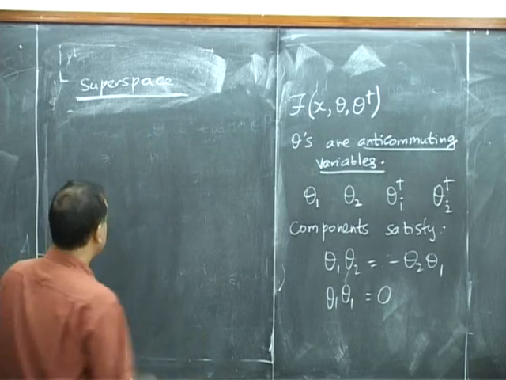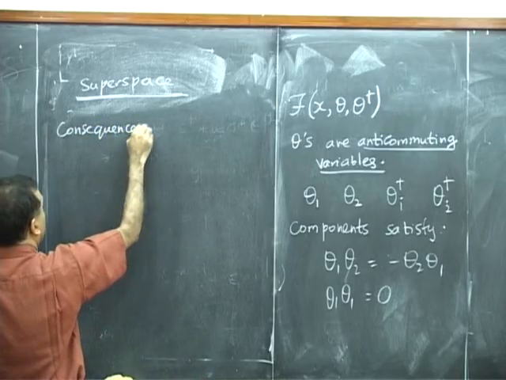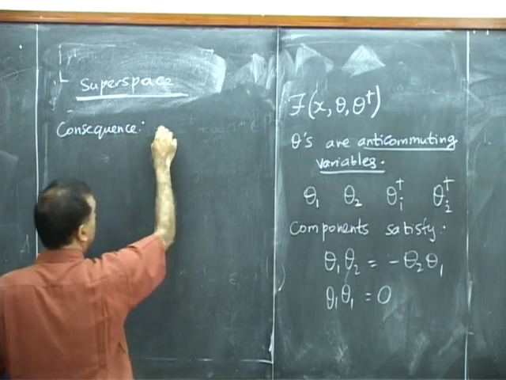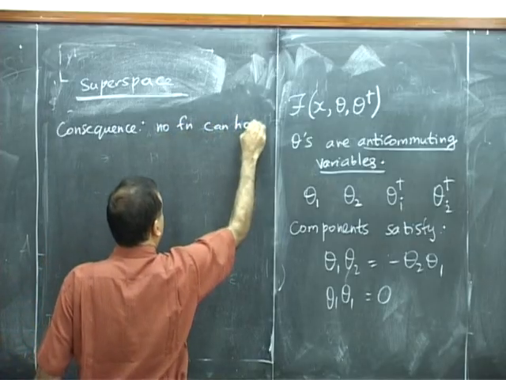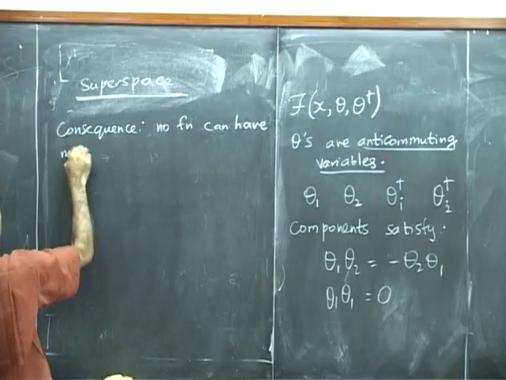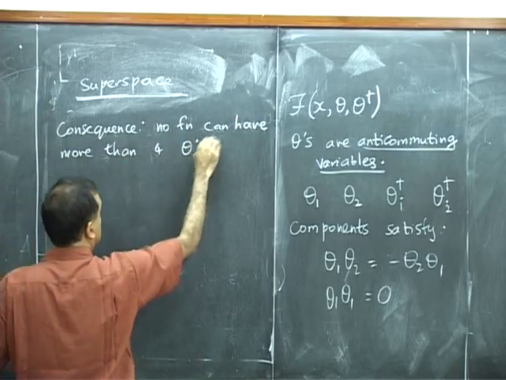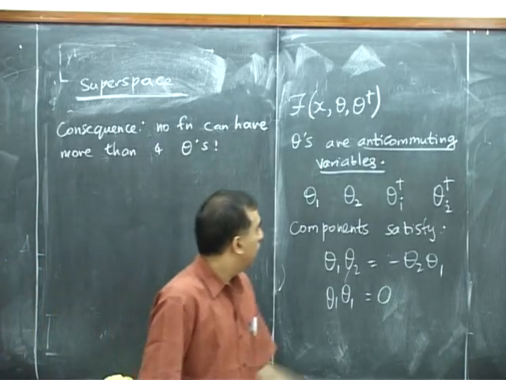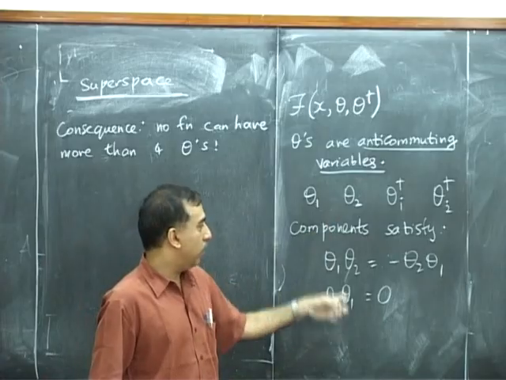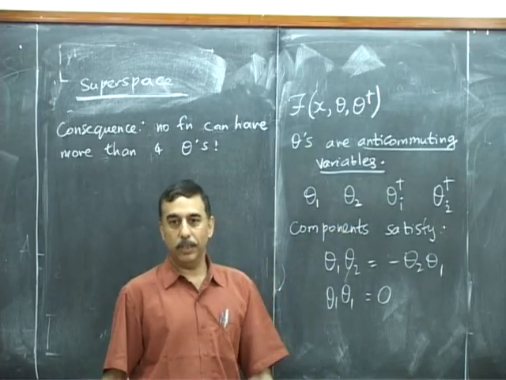Very important consequence is that no function can have more than 4 thetas, because the function on superspace can't depend on theta 1 squared because that's 0, or any of the other squared because they are all 0.